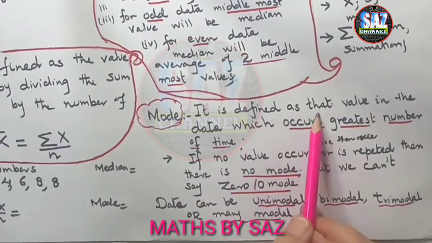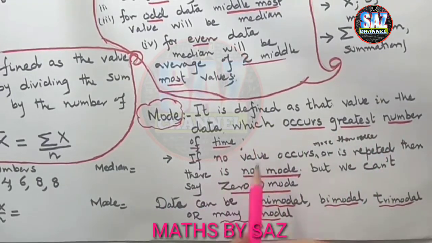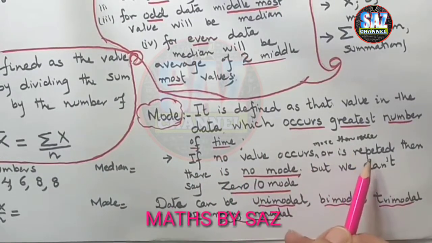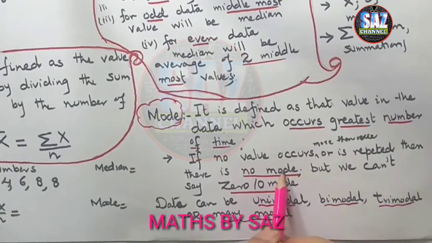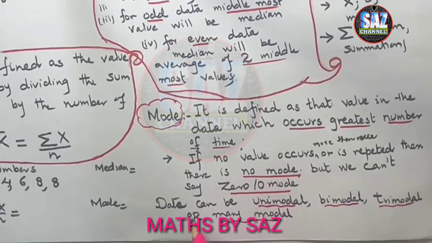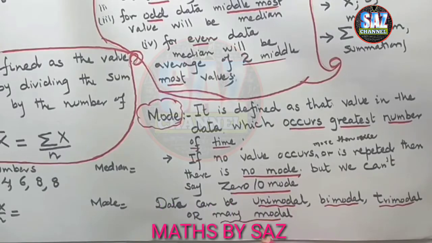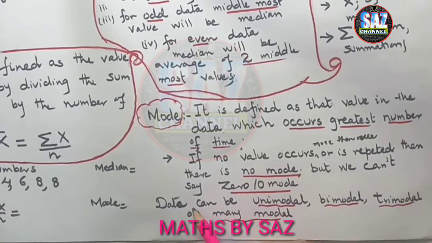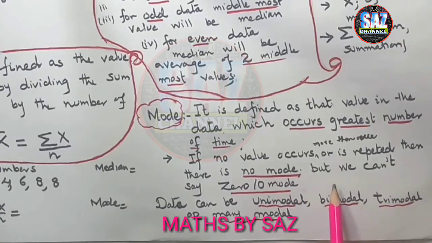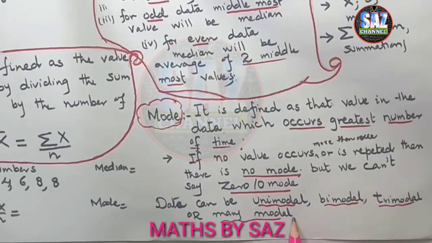It is defined as that value in the data which occurs the greatest number of times. If no value occurs more than once, then there is no mode, but we cannot say zero mode. The data can have 1 mode, 2 modes, 3 modes, or many modes. If the distribution has 1 mode, it is called unimodal. If it has 2 modes, it is bimodal. If it has 3 modes, it is trimodal, or multimodal.